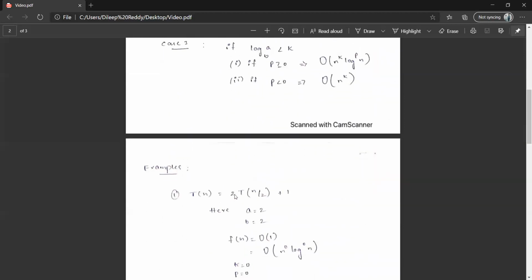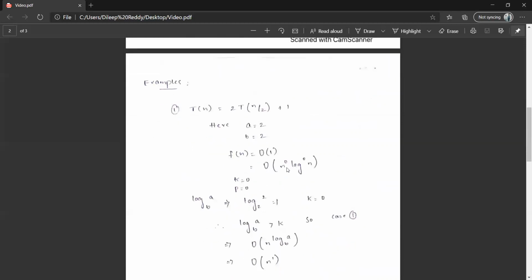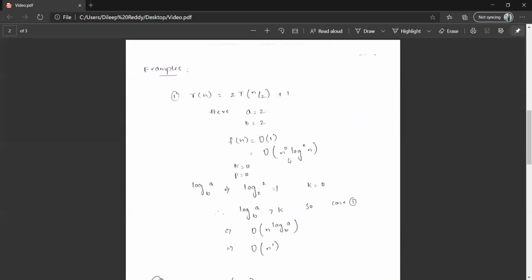Here the value of a is 2 and the value of b is 2. Here f(n) is equal to O(1), which is O(n^0 log^0 n), meaning 1. So we can clearly get our values of k and p.